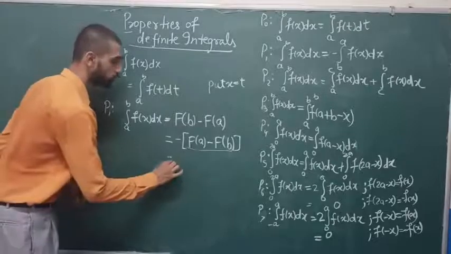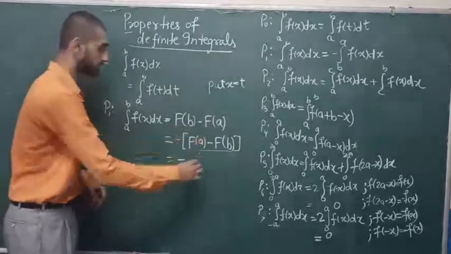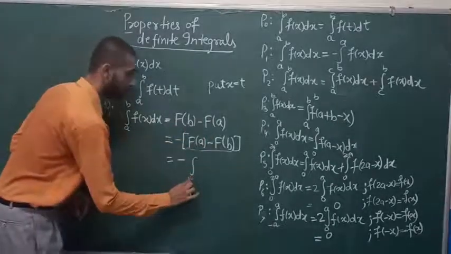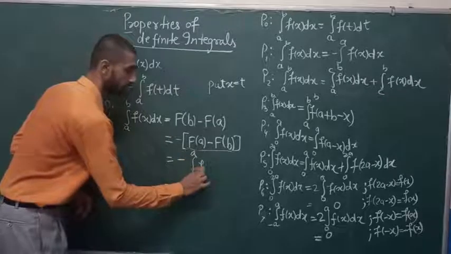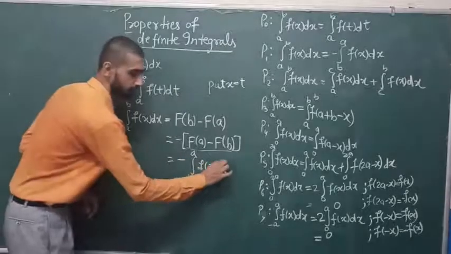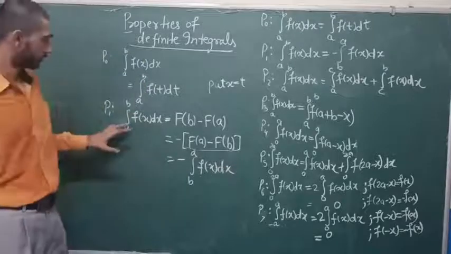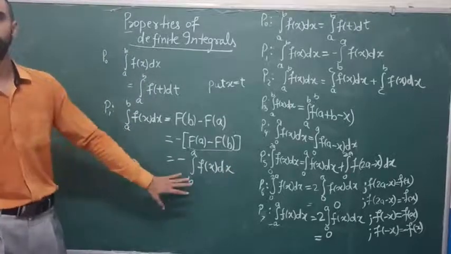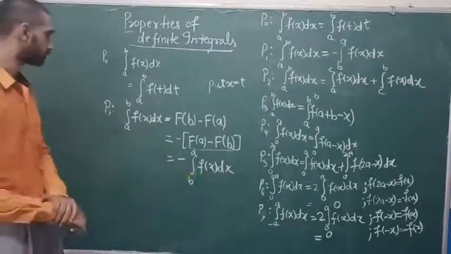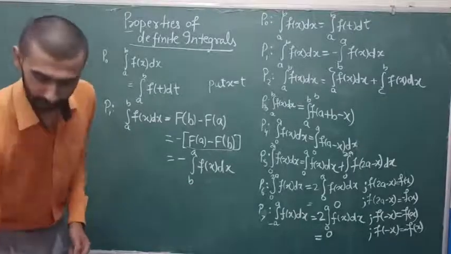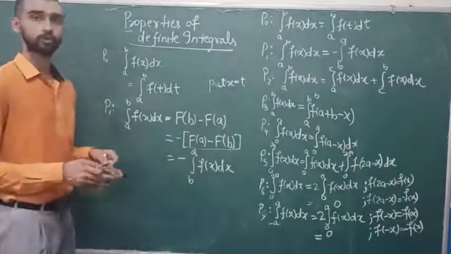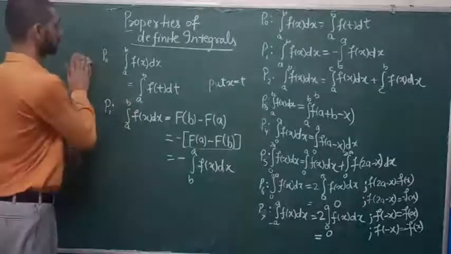This is equal to, see, it is just opposite, so it will become integral b to a fx dx. So the proof of P1 is here in front of you. Now let's move to the second property.